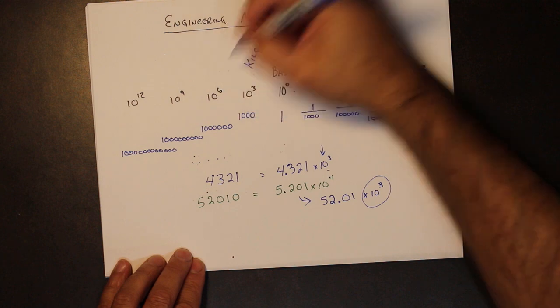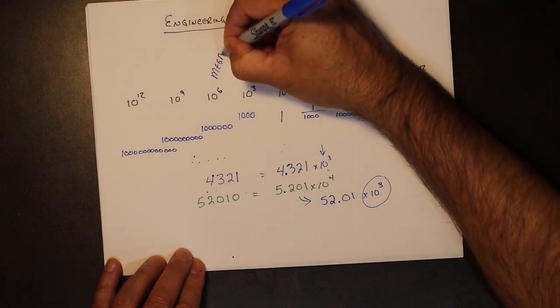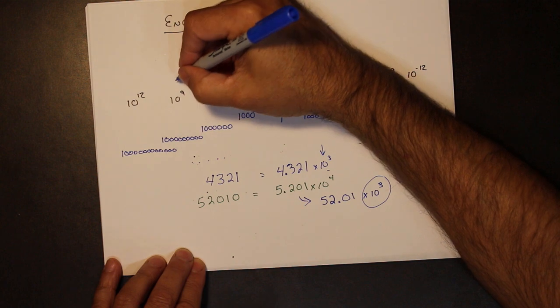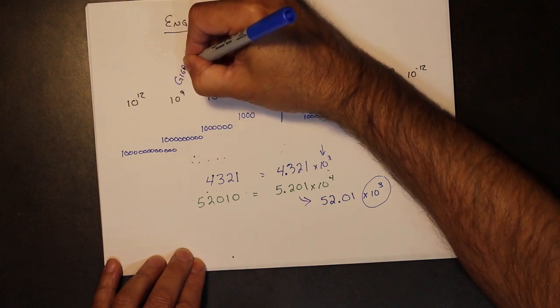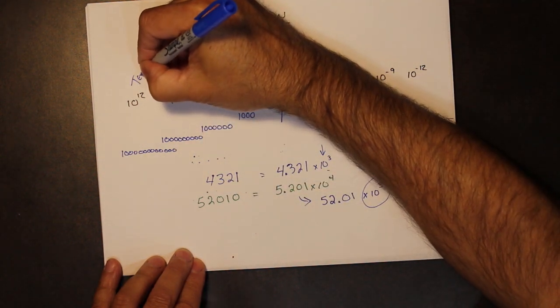This one here, 10 to the 6, that is mega. 10 to the 9 is giga. 10 to the 12, tera.